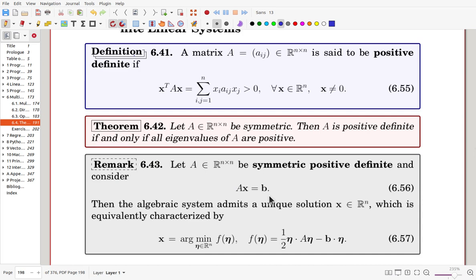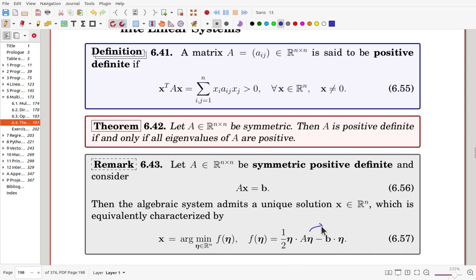The symmetric positive definite system can be formulated with this minimization problem if f is defined in this way. Then the solution of this minimization problem is the same as the problem. You may check it easily. Once eta is the minimizer, then the derivative with respect to eta must be 0.